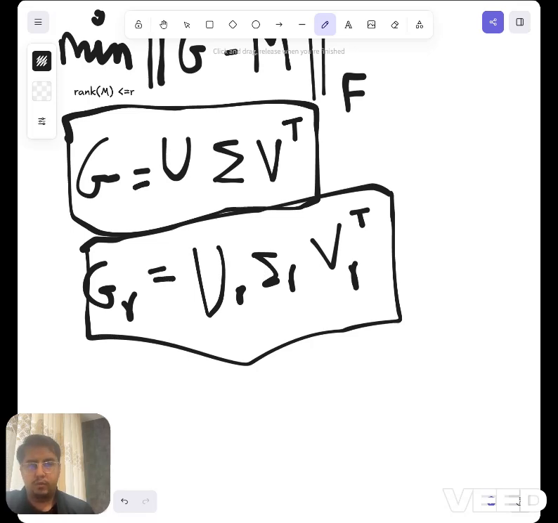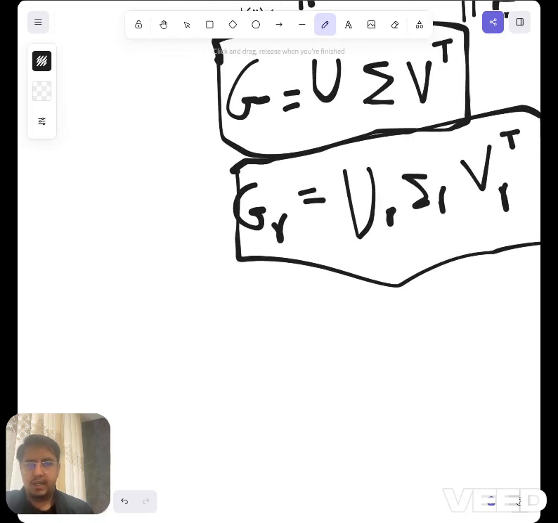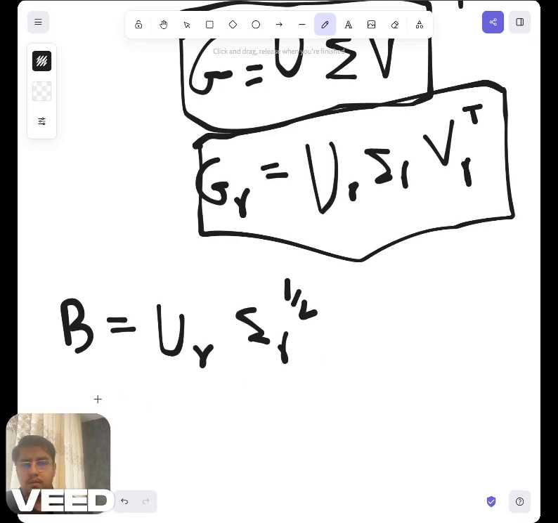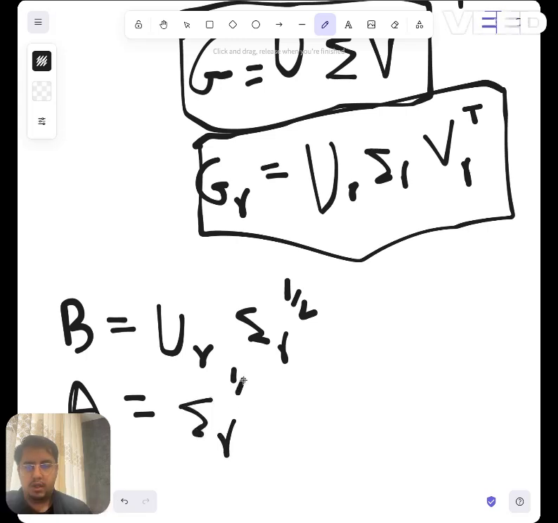This is the optimal rank R approximation. So now if I was to connect this with LoRa, I could basically say that B is equal to U_R times sigma_R to the power 1/2, and the complementary side of this would imply that A would be sigma_R to the power 1/2 multiplied with V_R transpose, since the dimensions actually verify this out.